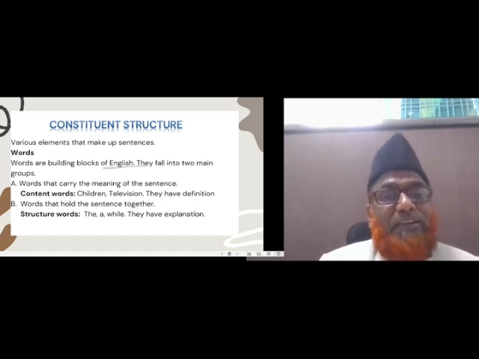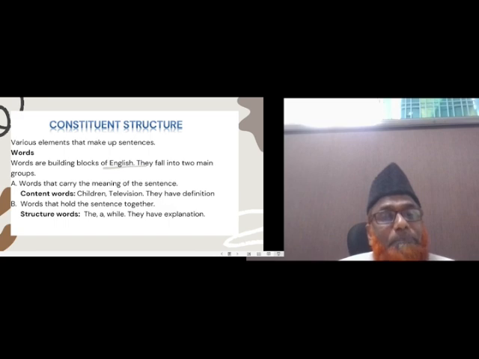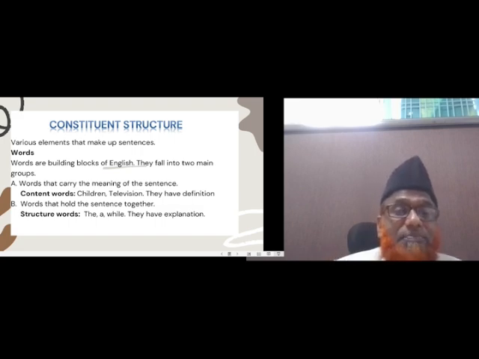So my dear students, these two terms must be kept in mind when we try to understand what words are: content words and structure words.